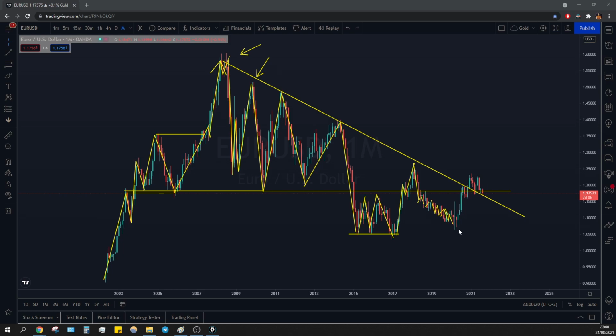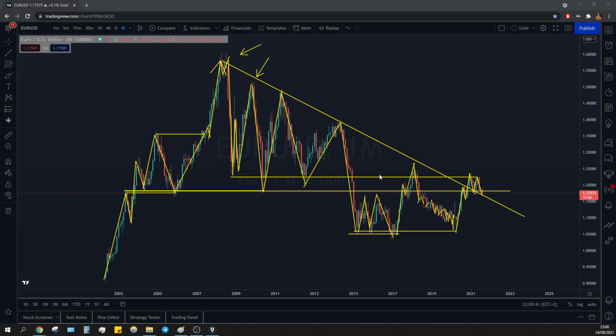This probably was COVID, 2019, reaction at these previous lows, previous price sensitivity area, bounce back up, and then we are here reacting at these previous lows on the left hand side.